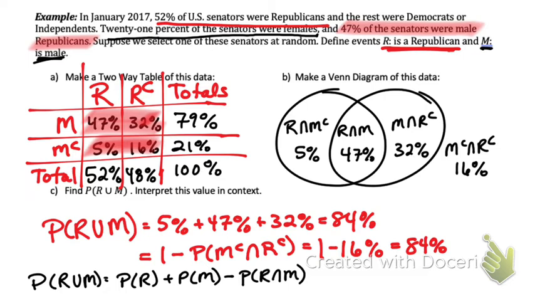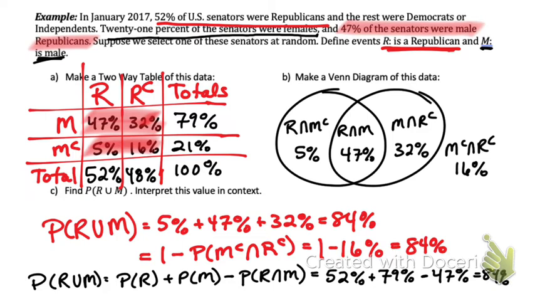The probability of Republican is 52%. The probability of male is 79%. Obviously that would be too much, because you have double counted the Republican males, so you have to subtract the 47%. And lo and behold, you still get 84%.